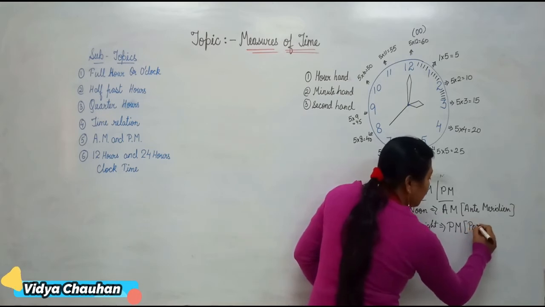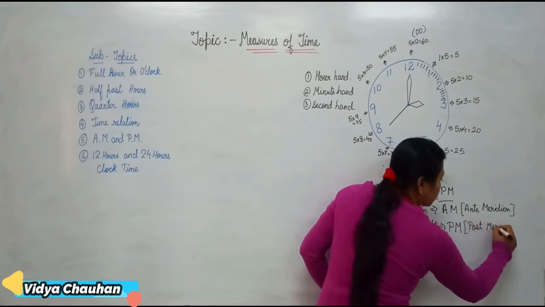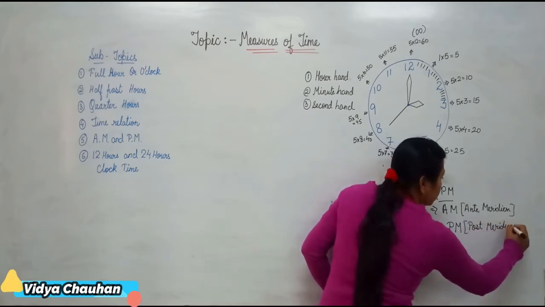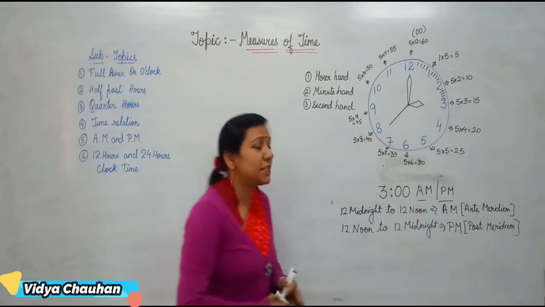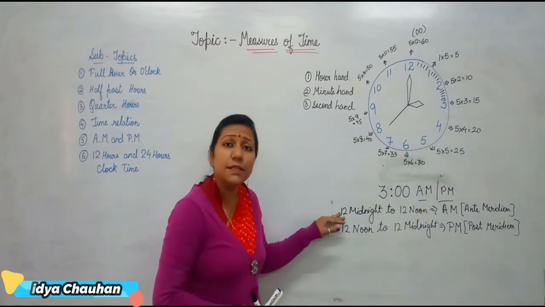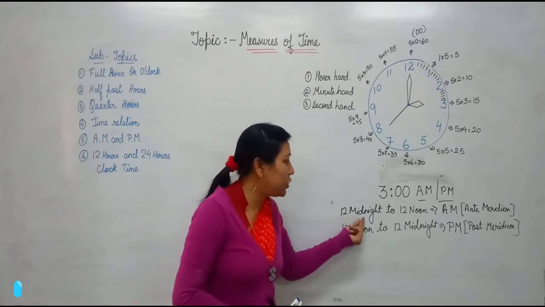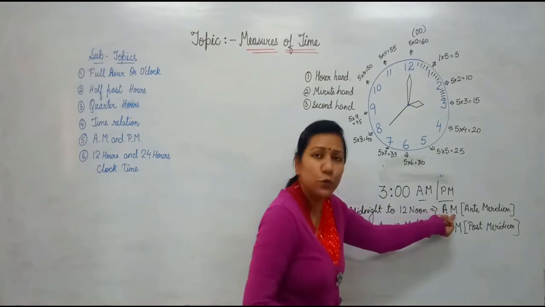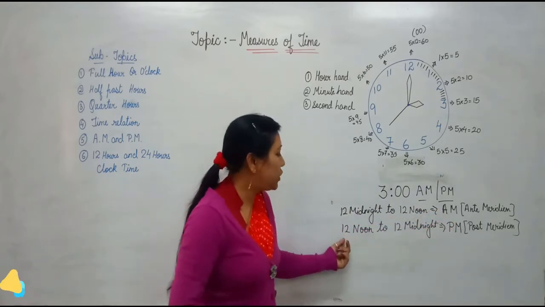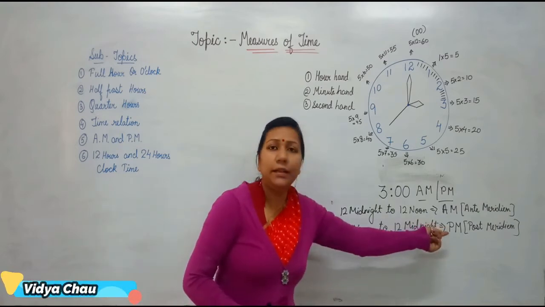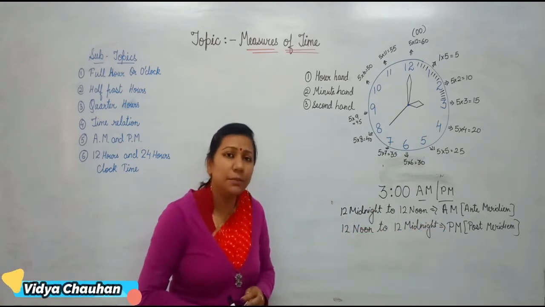So that is post-meridiem. Clear, students? So this is your AM and PM. This is how you can use AM and PM. If the time is between 12 midnight to 12 noon, we use AM. If the time is 12 noon to 12 midnight, then the time is called as PM.